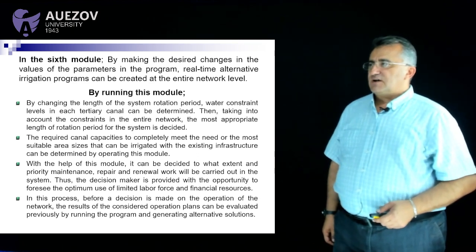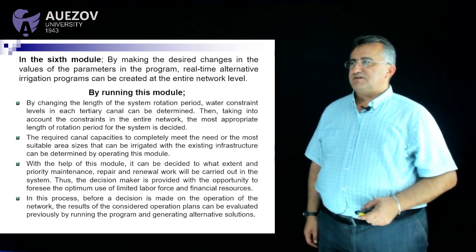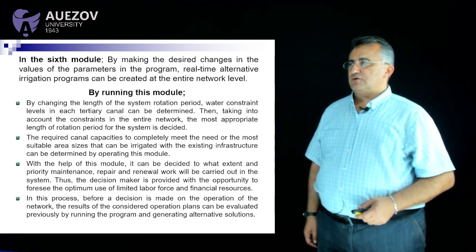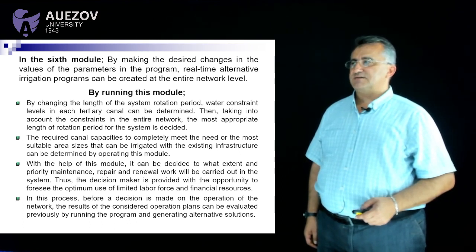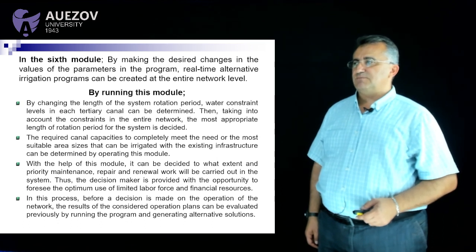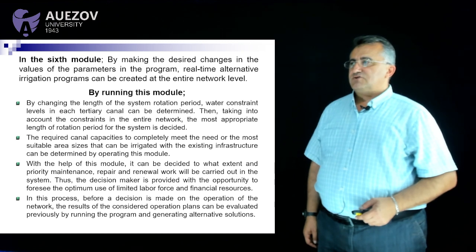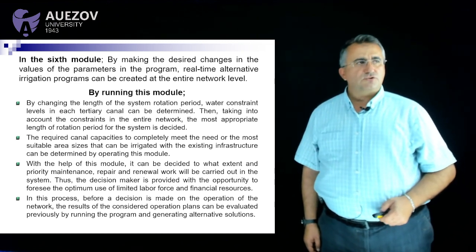The next one, in this process, before a decision is made on the operation of the network, the results of the considered operation plans can be evaluated previously by running the program and generating alternative solutions.